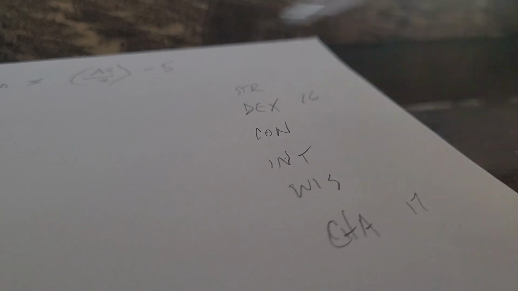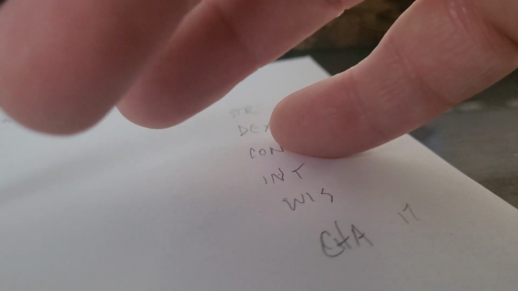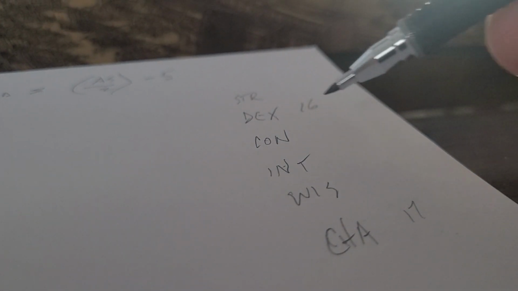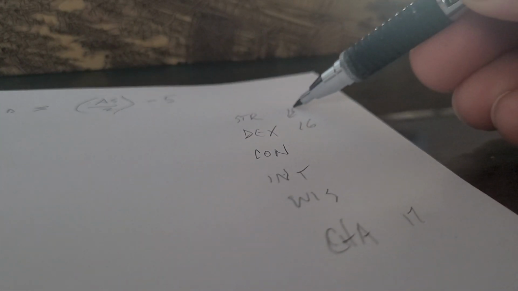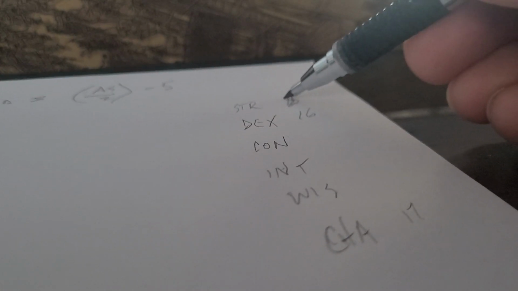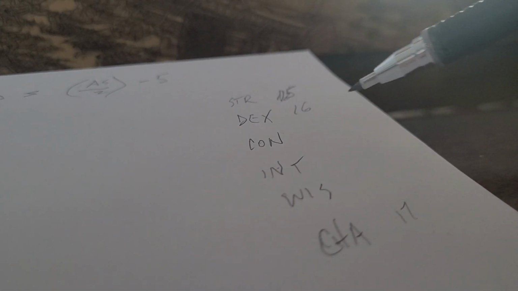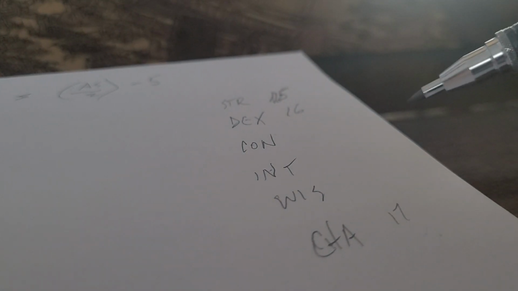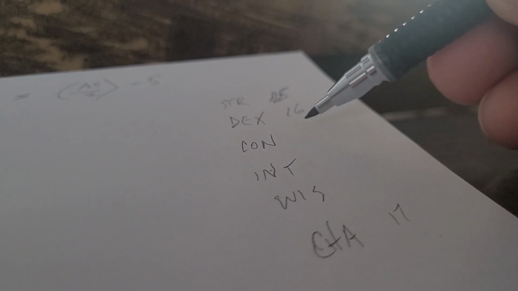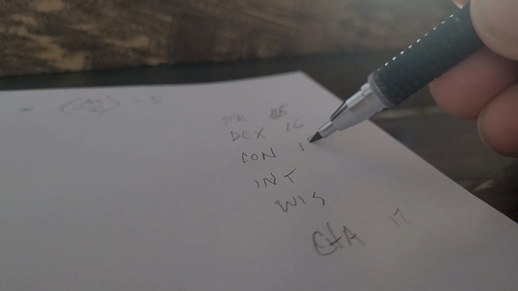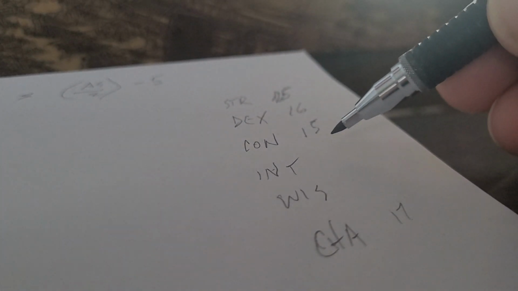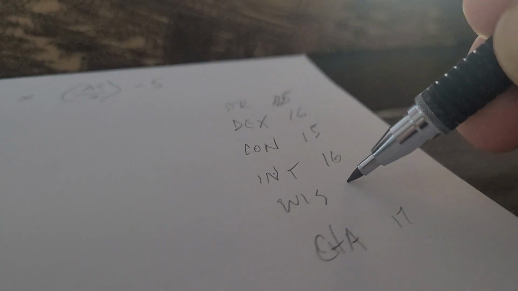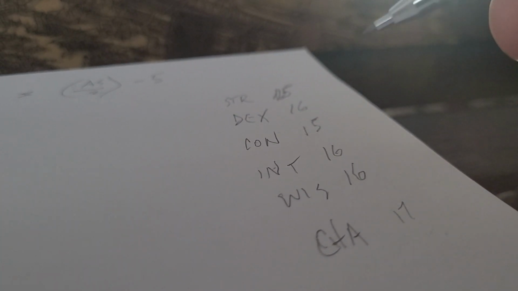So that cancels out the 17 and the 16. And we'll put a 15 in his strength. There we go. And then that leaves us a 15 and two 16s. So we'll probably put 15 in his constitution, because that's kind of a dump stat often for people. And then that leaves us 16 for wisdom and 16 for intelligence.